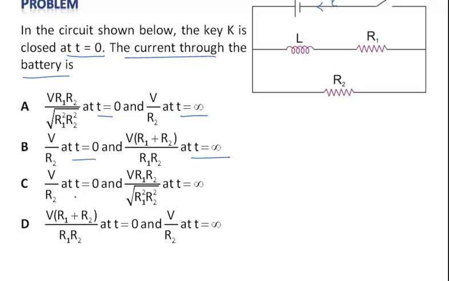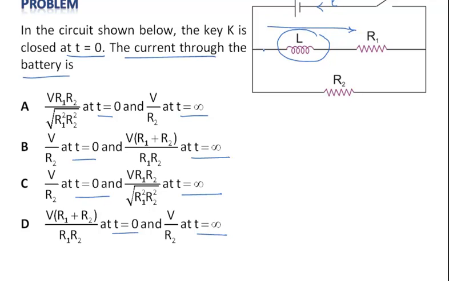Okay, now we know that initially when an inductor is connected across a battery, which is initially having no current, then it offers infinite resistance. So initially no current would flow through this, but at time t equal to infinity, that means at infinite time, the stability of the inductor has come and now it will offer no resistance.